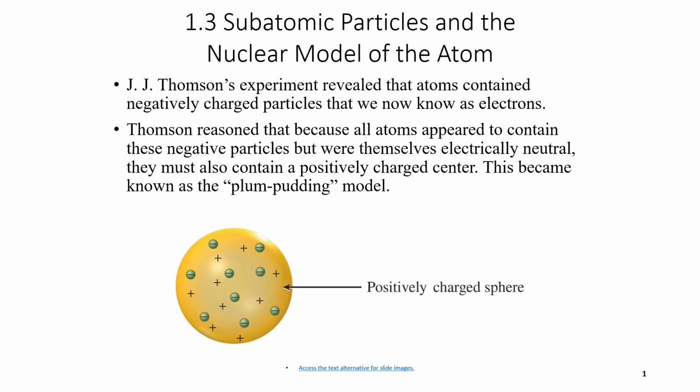His model proposed that the electrons are these negatively charged particles, just like the chocolate chip cookies, that are interspersed within this area that is positively charged. And the rest of the cookie then is that area that is positively charged, the sphere.